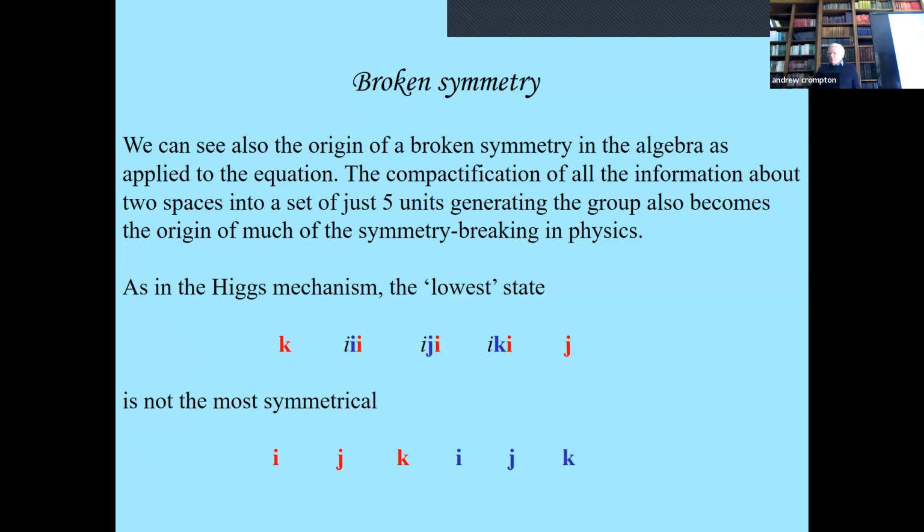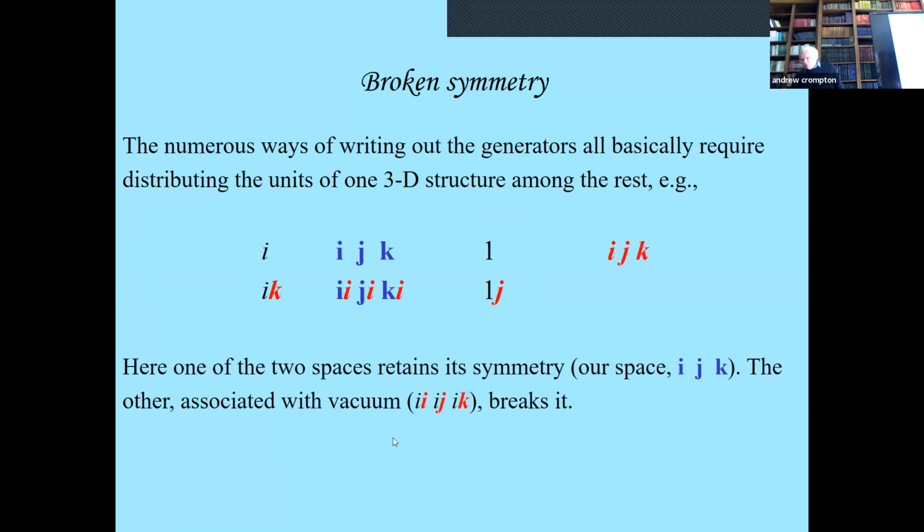And one of the things I'm saying here is that 5 units is less than 6 units, so that's better in that sense, but it's not symmetrical. You could generate the algebra with the 6 units and it'd be beautifully symmetrical. Generate it with 5 units, which is less, and it won't be symmetrical. It'll be broken. The result will be symmetrical, but the starting point won't be.